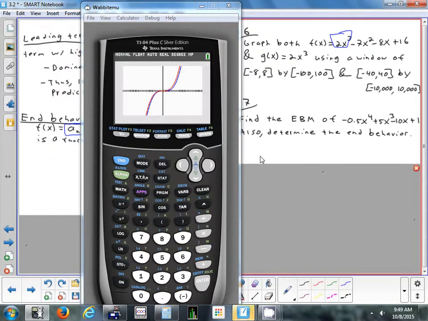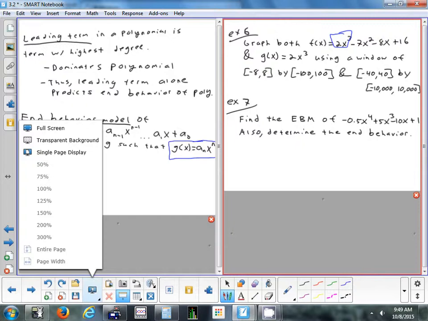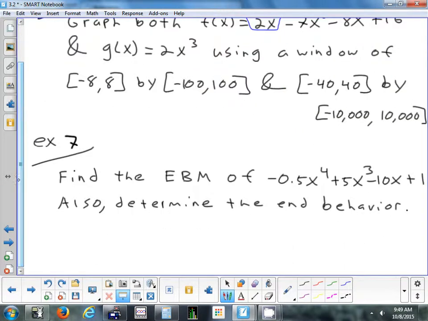Right, so the last one, just tell me what would the end behavior model be for example 7? Yep, negative 0.5x to the fourth.